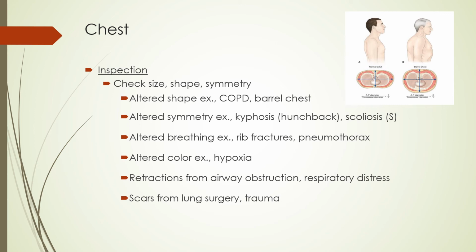You should not have a kyphosis where you have the hump back, or the scoliosis where your back and chest are in an S shape. Okay. Are there any scarring that you notice in the chest? Is the chest rising and falling equally? That's what you can just see, right?